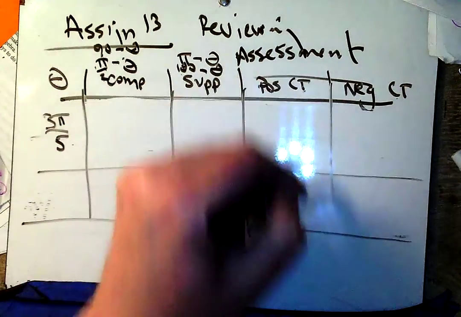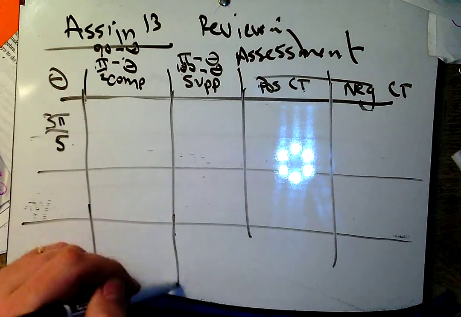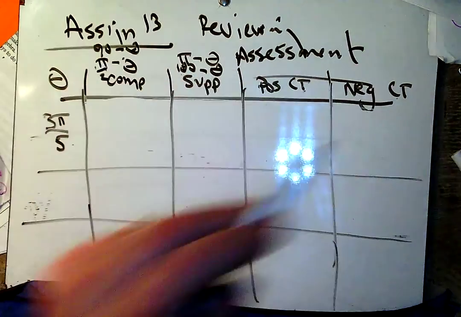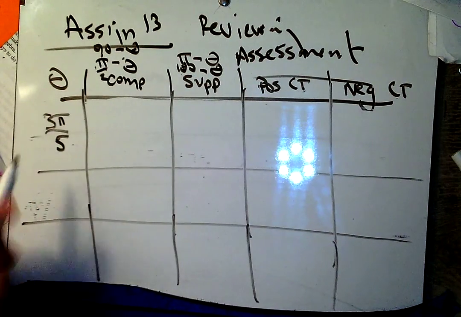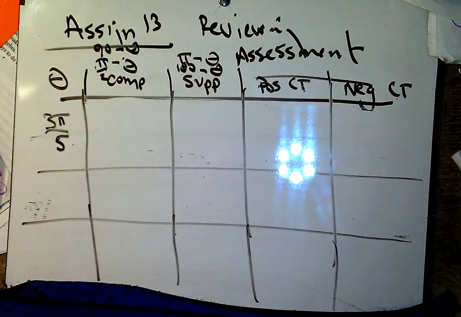Yeah, I agree. I don't know that from my unit circle. But that doesn't stop us from finding all these things. Give it a try. Think about it. Okay, how'd it go?